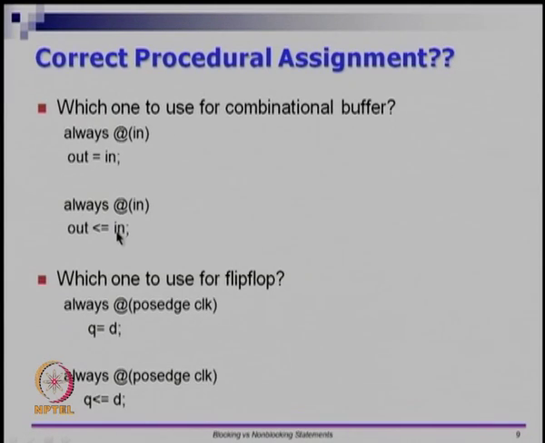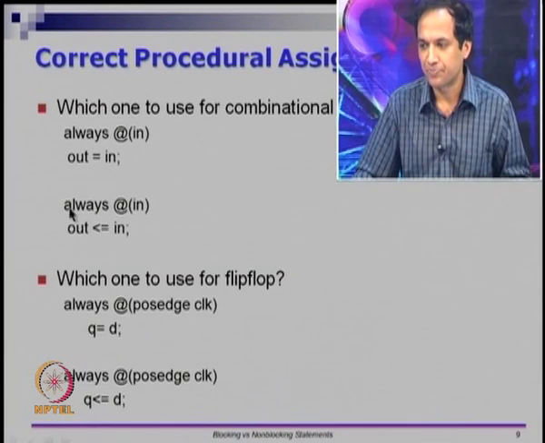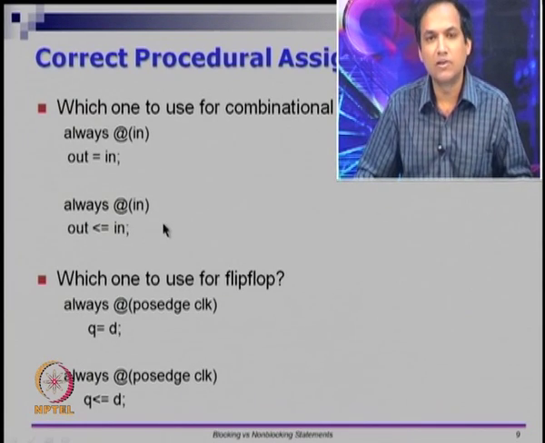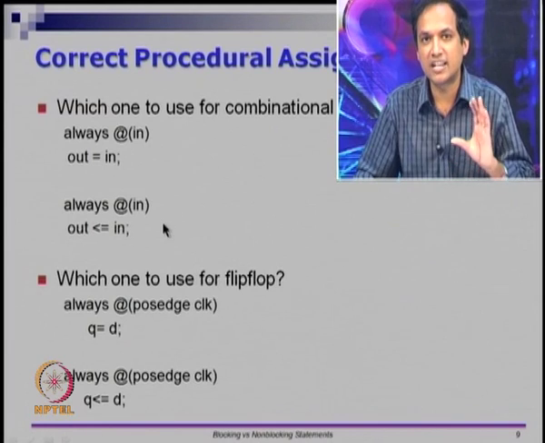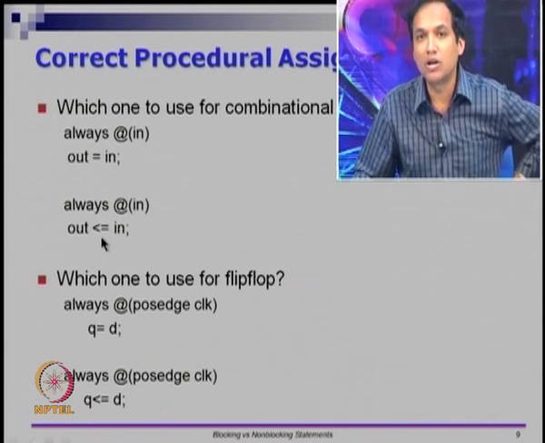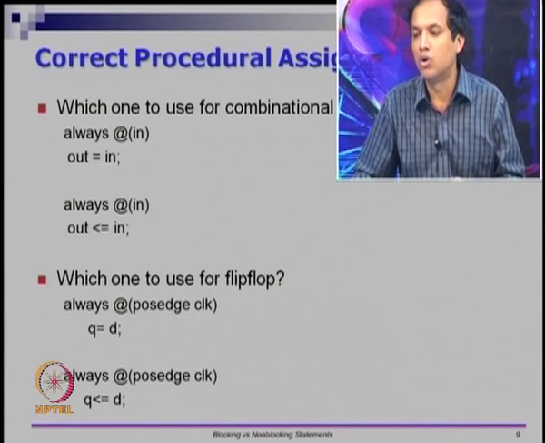Let us say there are two ways to do this. Always @(in) out = in, and always @(in) out, non-blocking, <= in. Of course, you can always argue that I could have used an assign statement, out = in, but this is just an illustrative example, because this may arise in several other places. If you want to model combinational circuits, how do you want to do it?